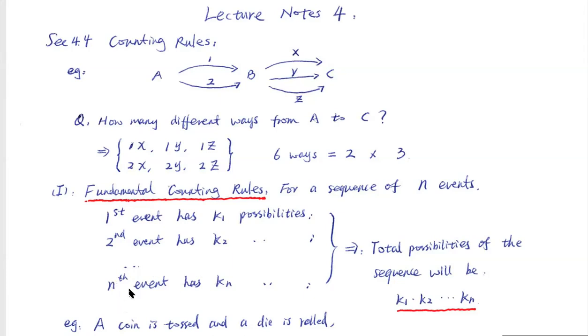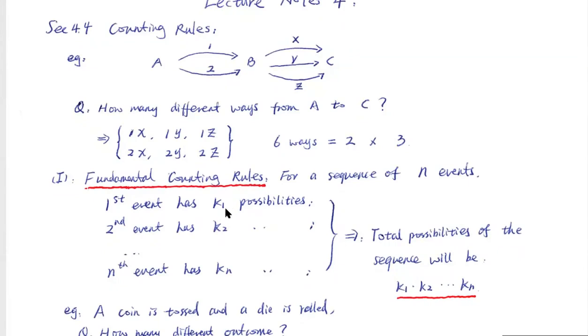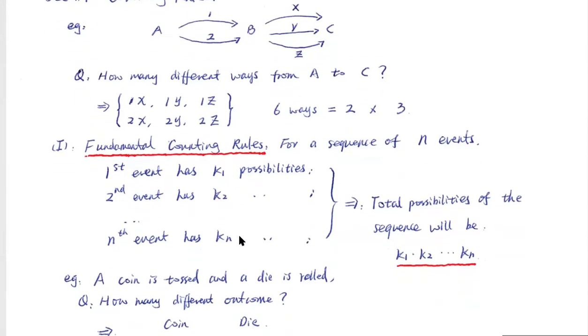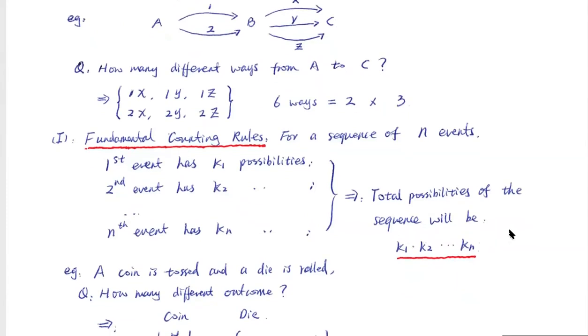At the end, the nth event has Kn possibilities. Our question is, from the first one to the last one, how many total possible choices? We simply multiply them together, K1 multiplied by K2 multiplied by up to Kn. That's it. That's very straightforward, right?